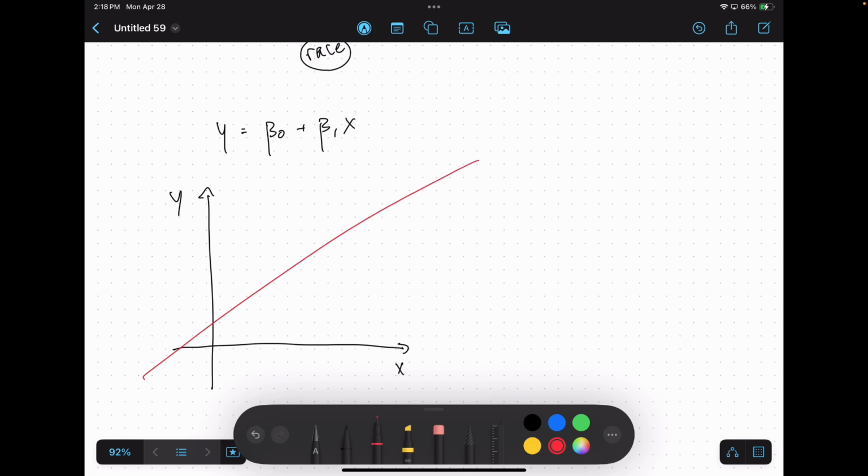And so let me make that a little bit shorter, actually. So here. What is the problem with this in the context of what we're talking about here? Like y being a categorical variable.